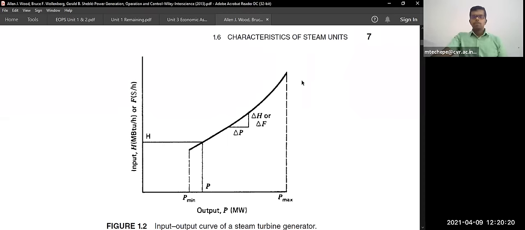If I'm burning only 1 ton of coal, I'm getting only around 1 megawatt. If I'm burning 2000 tons of coal, I'll be getting much more, 2000 megawatt or 4000 megawatt. Like that, with the increase in the fuel rate, the power generation also will be increasing from the minimum to the maximum.